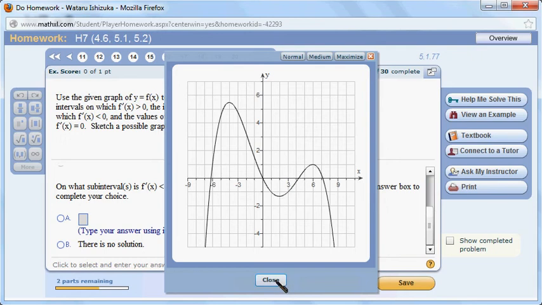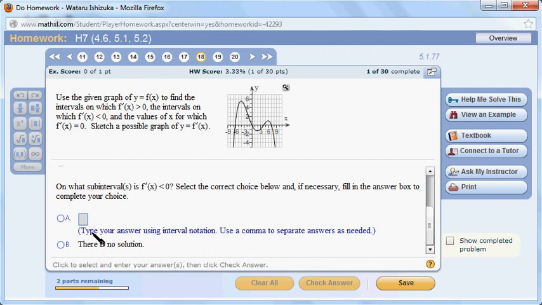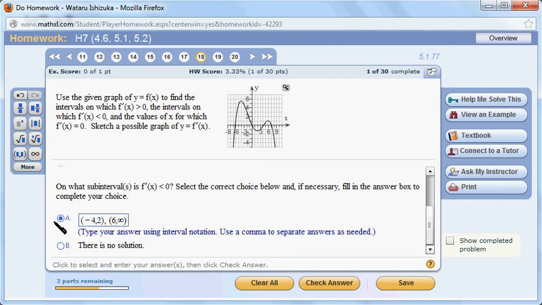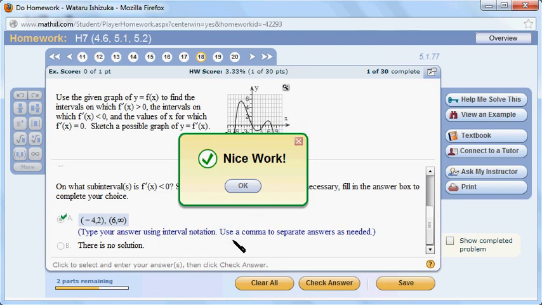Let's type that in: -4 to 2, and 6 to positive infinity, so put infinity there. Then check the answer. All right, so we got that.